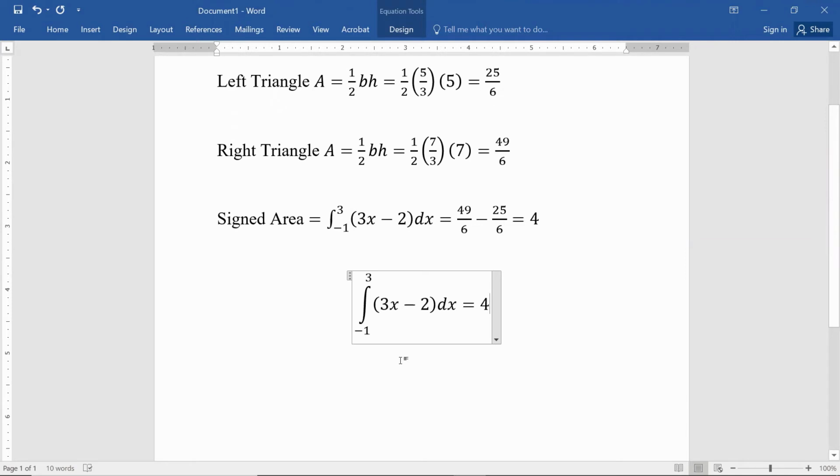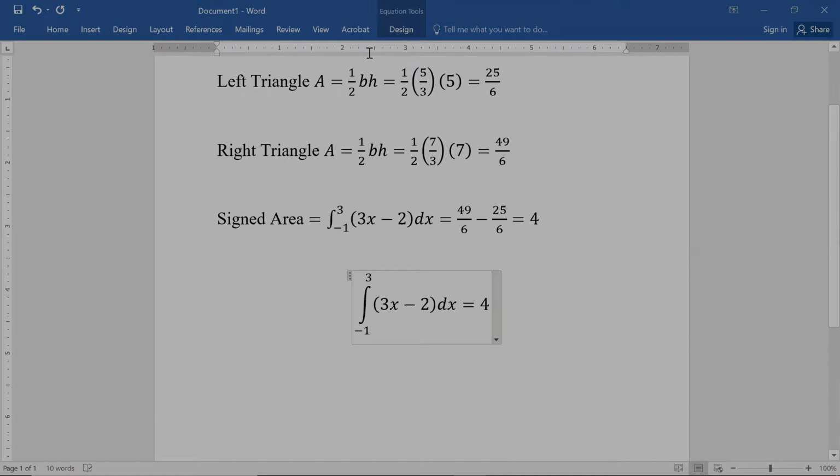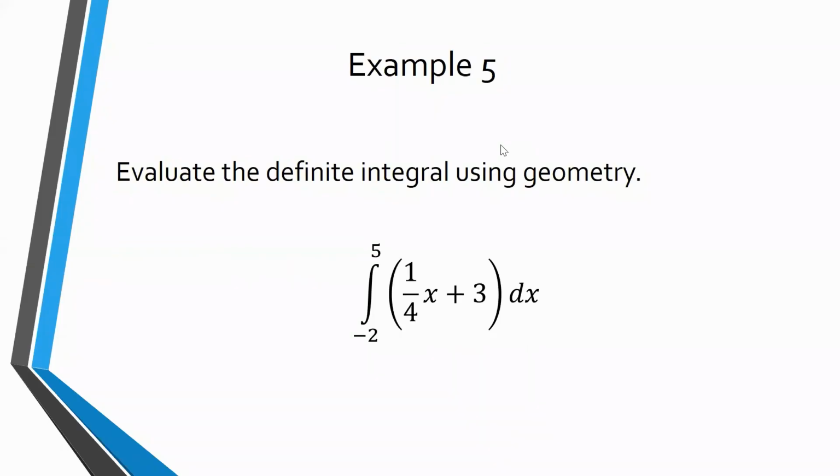We did that using geometry. We can do a lot of other examples in a very similar way. Let's take a look at another example.